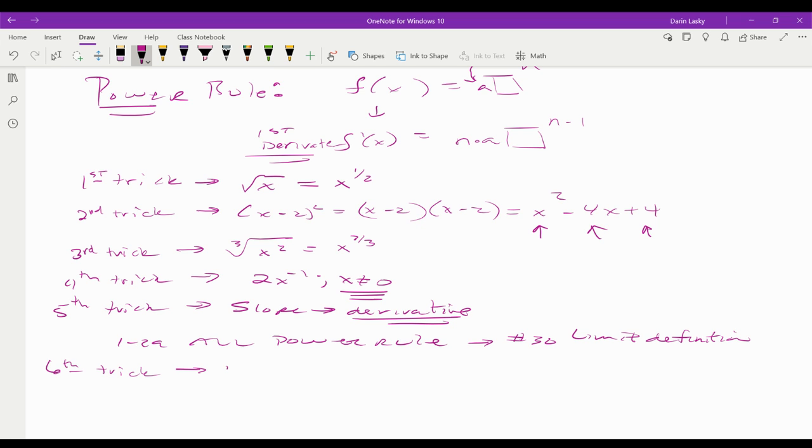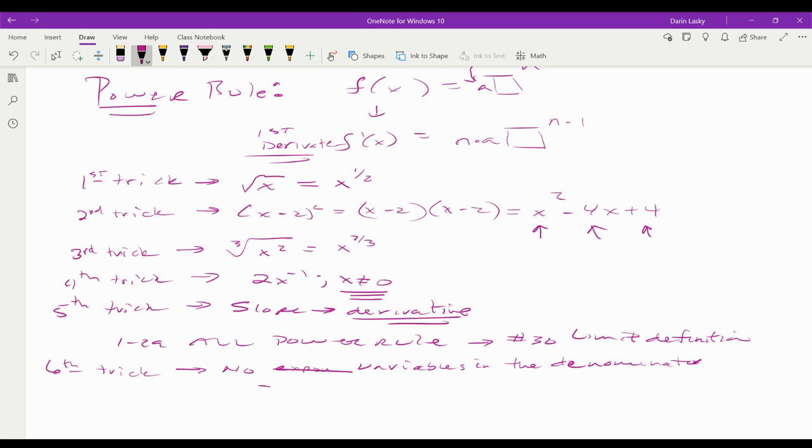The last thing is, there can be no exponents. Not exponents, let me cross that. There can be no variables in the denominator. You have to move them. And then no variables in the denominator.